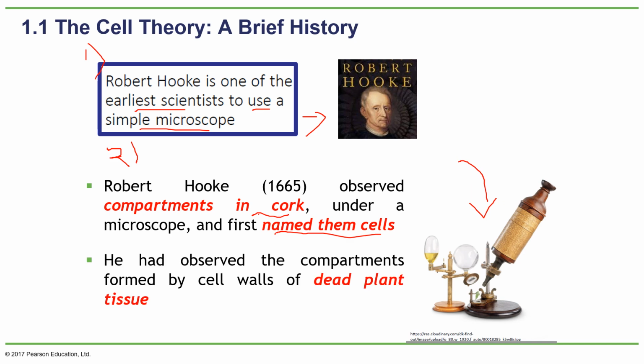He gave them the name. What he observed was mainly the cell walls of dead plant tissue. So again, he didn't observe living cells. He observed dead cells, and he was the one who gave the name of cells to this type of compartment.